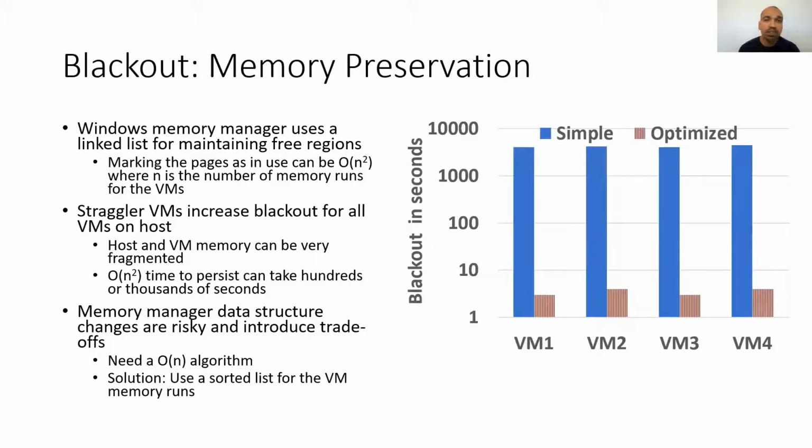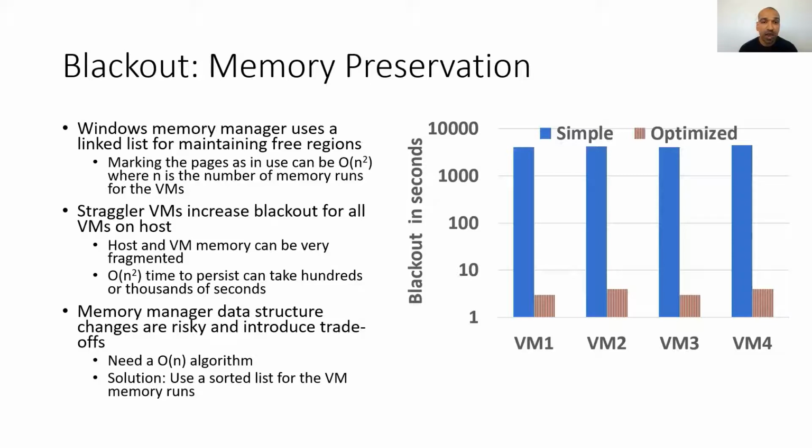Another important factor that determines blackout time is the time to preserve VM memory pages. Windows Memory Manager uses a linked list to maintain the free regions. This means that marking the pages as in use is order n square, where n is the number of memory runs for the VMs.